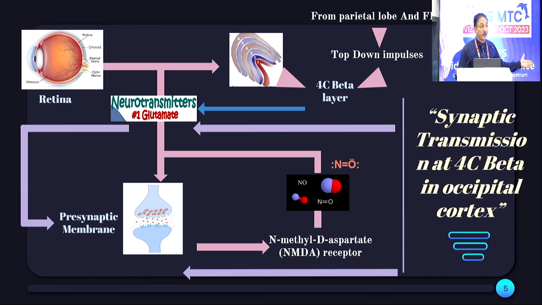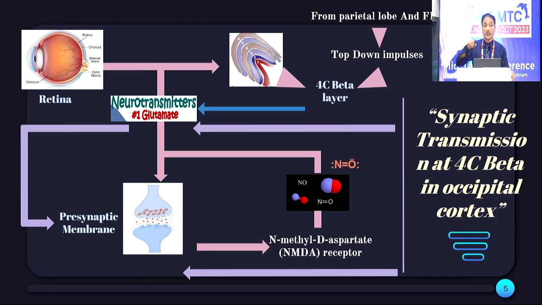There could be reduced glutamate production, there could be absent glutamate production, or there could be absent nitric oxide production. At the micro level, we do not know exactly, but all we know is the problem is at the level 4C beta level in the occipital cortex. That's why there is visual problem in amblyopia.